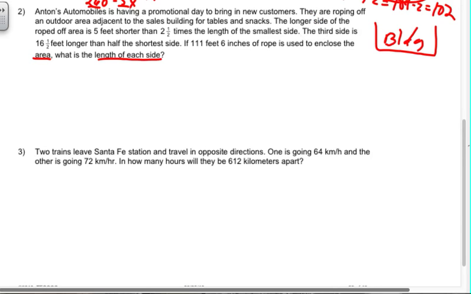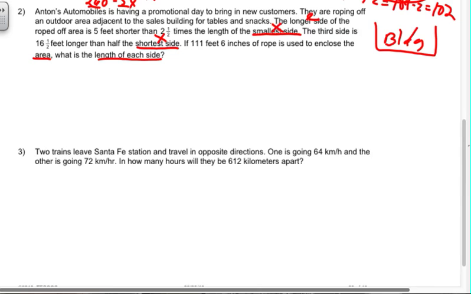We'll call that L, the length of the shortest side. Okay, so I've got a smallest side there, and shortest or smallest side there. So let's call that S. Okay, so let's come back in then, and I'm going to take this up.